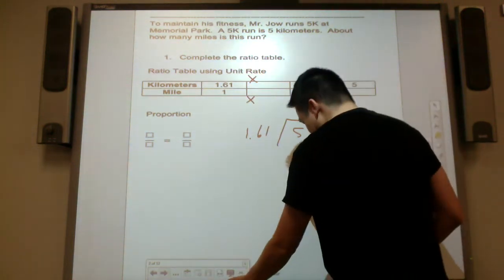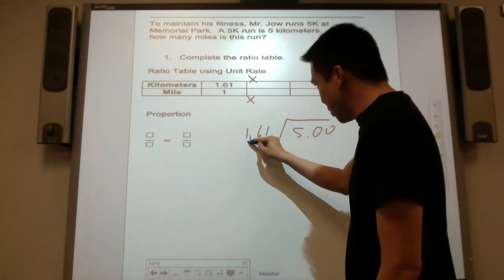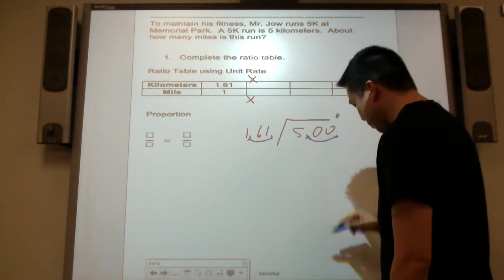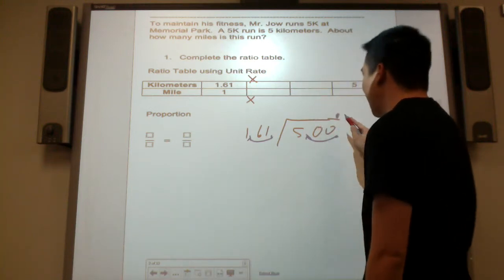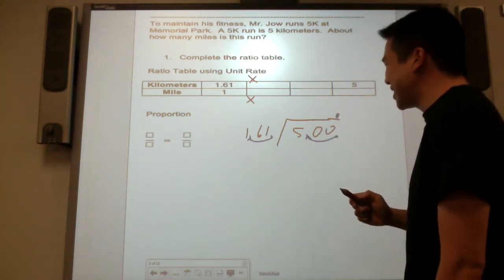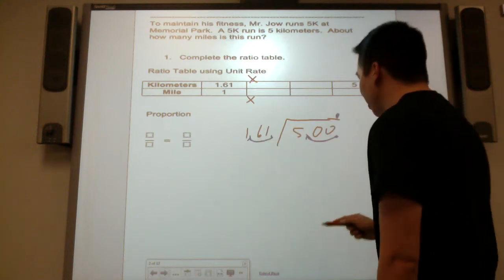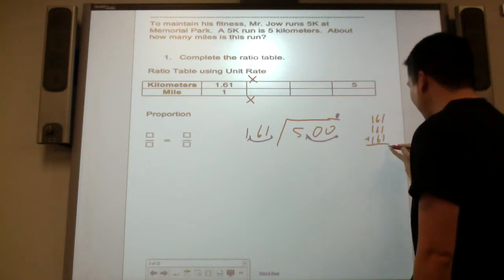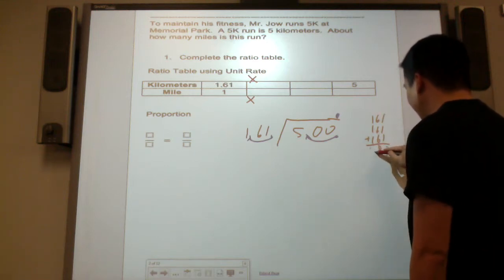Oh, dividing decimals again. Let's move this decimal point 2 over. Let's move this one 2 over. So let's divide this now. How many groups of 161 go into 500? I think it goes in 3 times. Yes, it does.